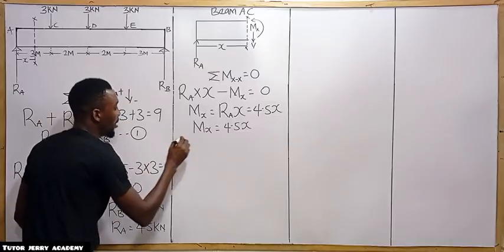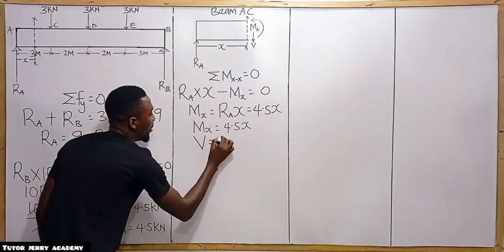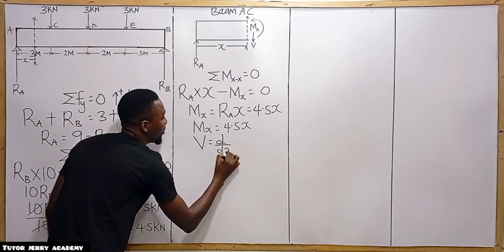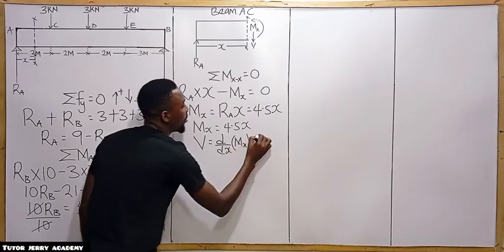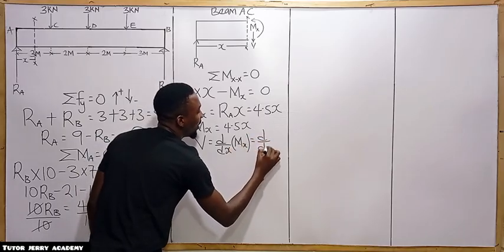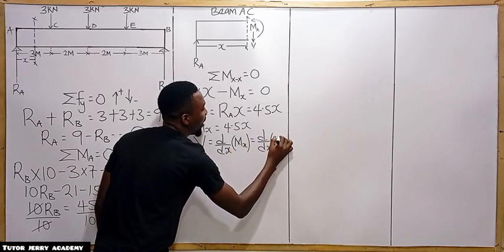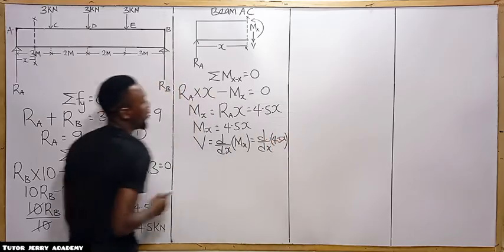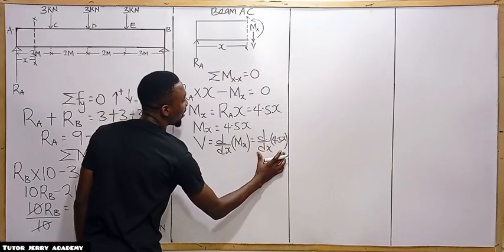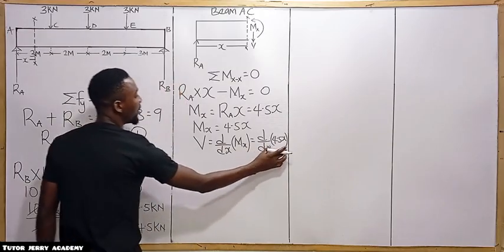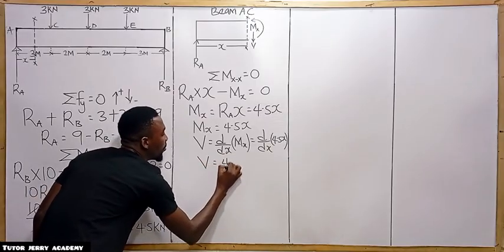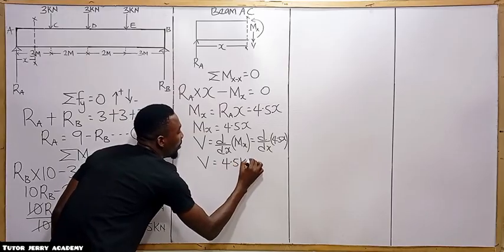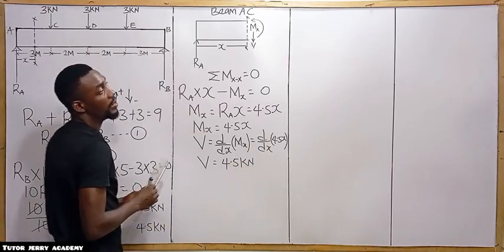So our shear force will be equal to d over ds of Ms, which will be equal to d over ds of 4.5 S. If you differentiate this with respect to S, you are going to have V equal to 4.5 kilonewton. All right, I hope we understand this.